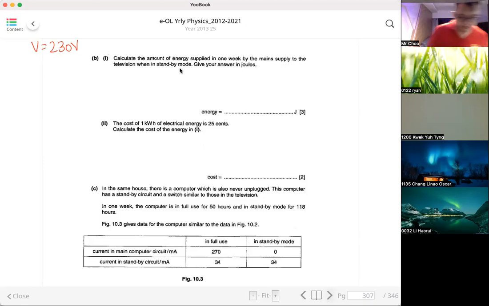In standby mode, the current is 34 milliampere. Okay, you want me to begin? Okay, the question here says leave your answer in joules. So all of you do that now.